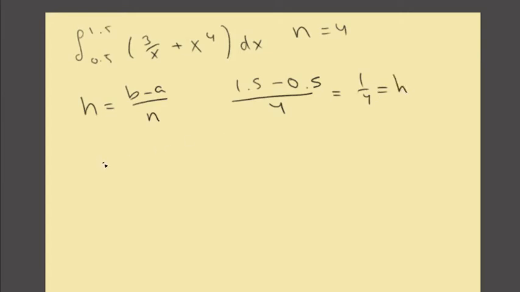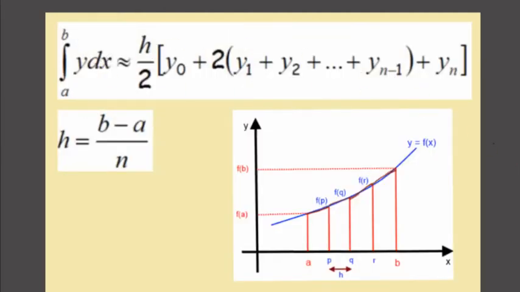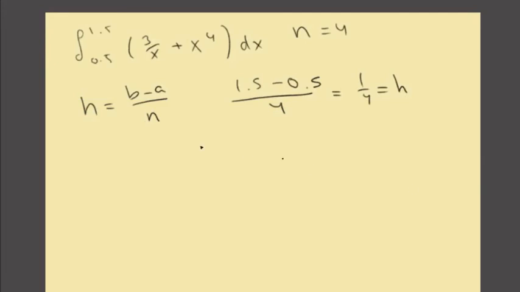Okay, so putting all of this into that big equation that we saw at the beginning. That's all you have to do, just put it in. It's 1 over 4 multiplied by half, open brackets.